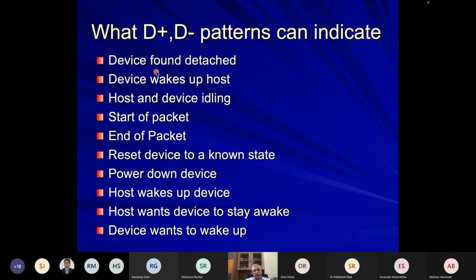So whether something is connected at the end of the cable or not, it can be detected. Okay. Device wakes up host and device idling, start of packet, end of packet, reset device to a known state, power down the device, host wakes up. So many things can be indicated just by changing D plus D minus in certain manner. So we'll not go into those details.